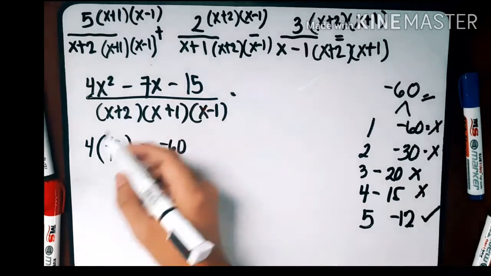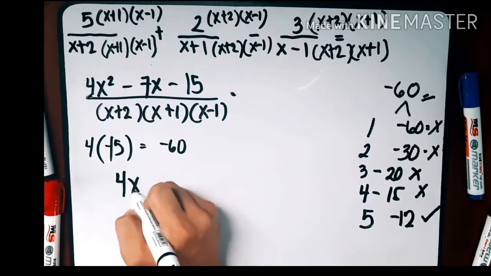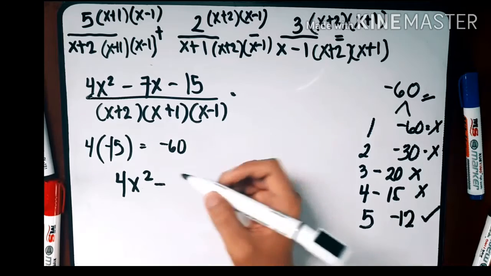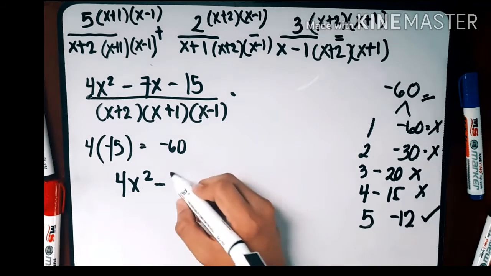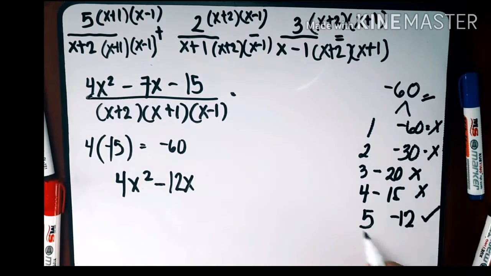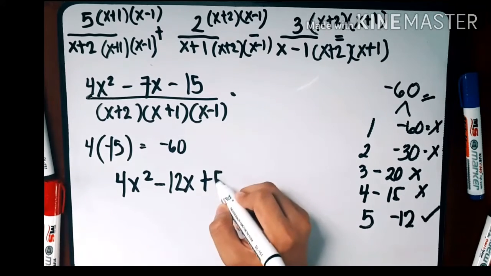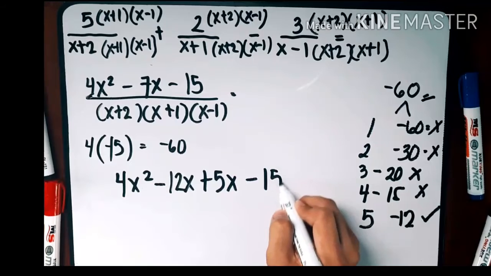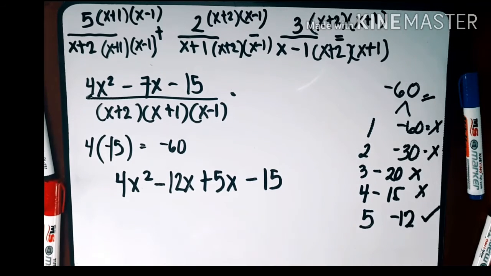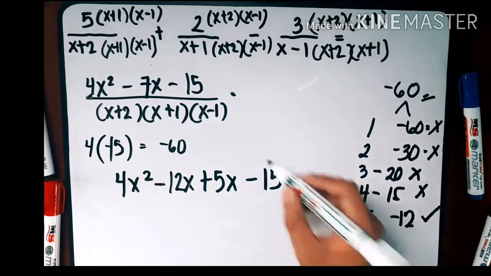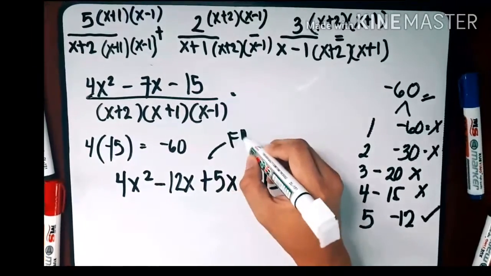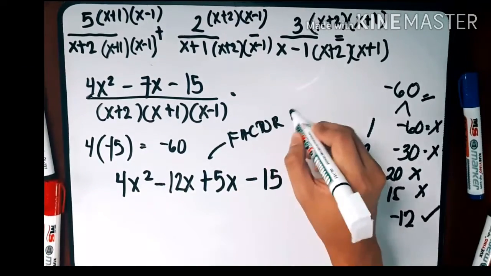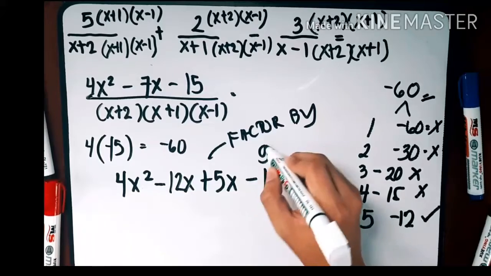So, it could be 4x squared minus 12x plus 5x minus 15. Ang next natin gagawin is ipa-factor natin ito by grouping.